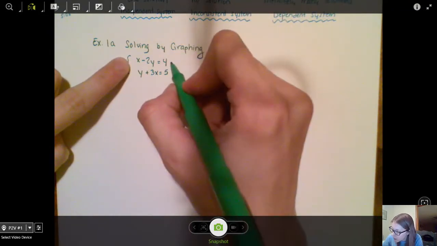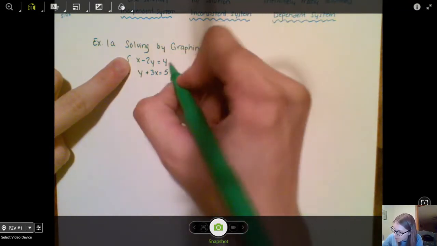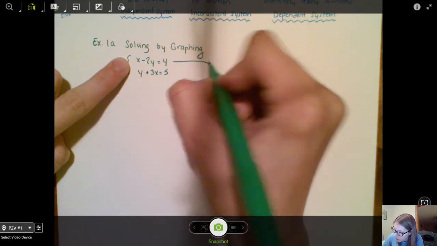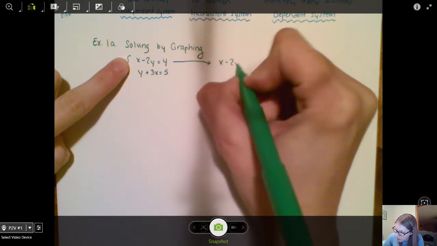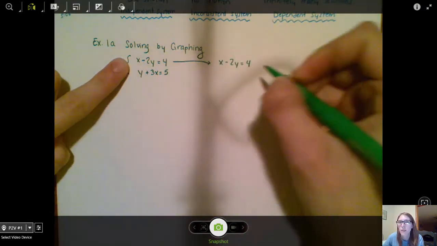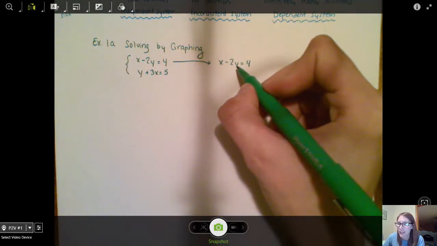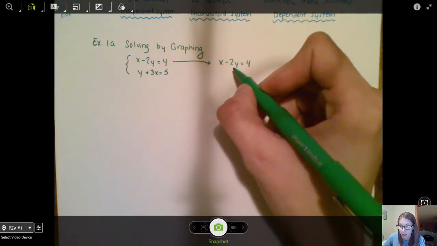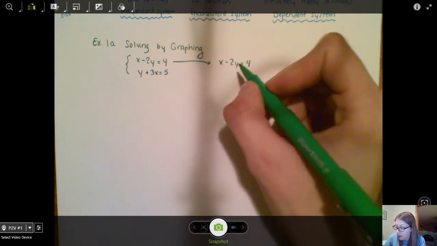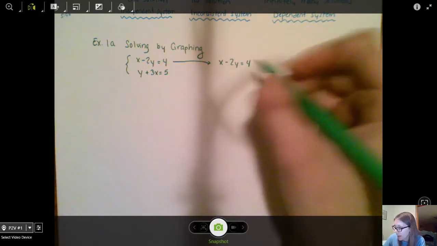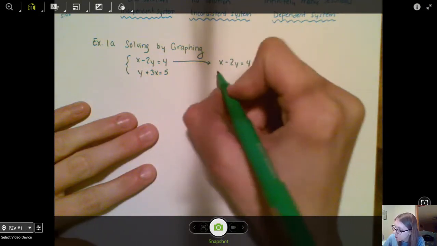And in my first equation here, x minus 2y equals 4. I notice that my y is negative, and it really doesn't matter what order you do things, but since my y value is negative, I'm just going to add 2y to both sides.